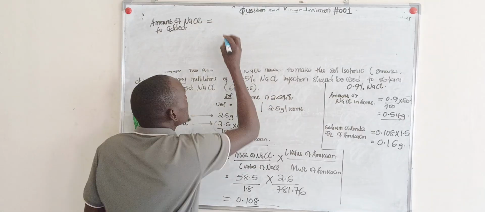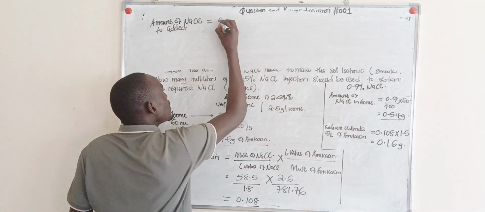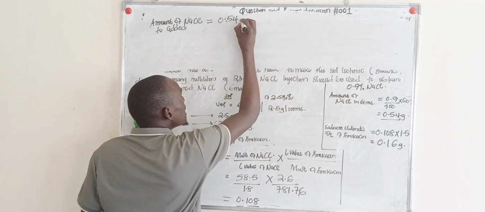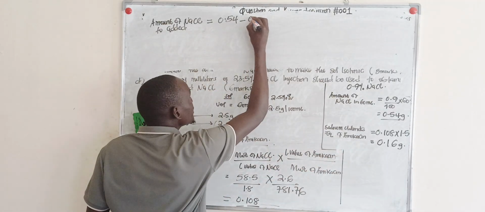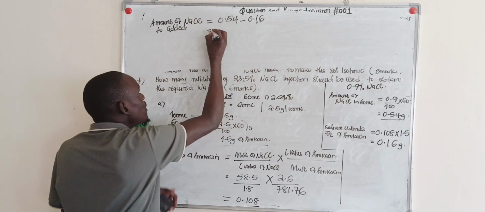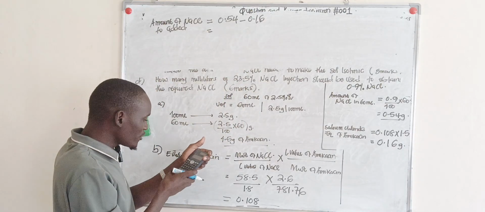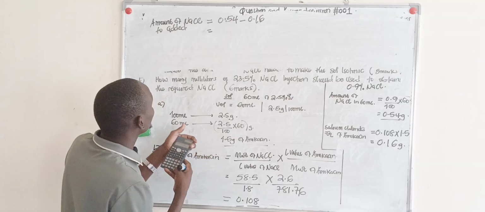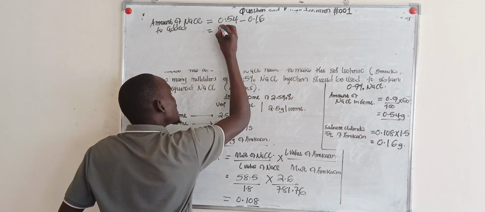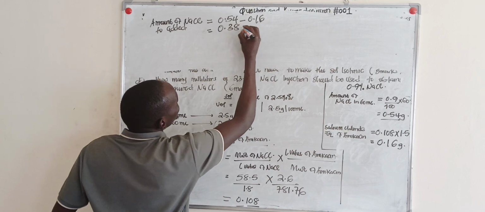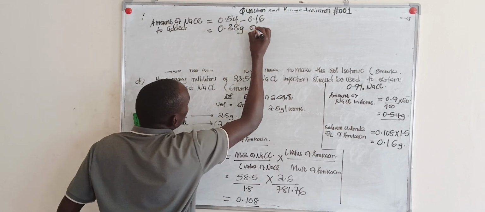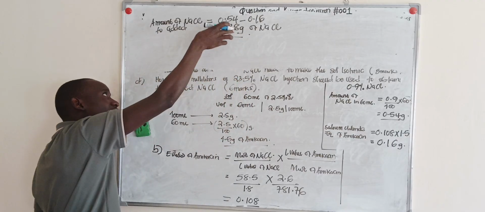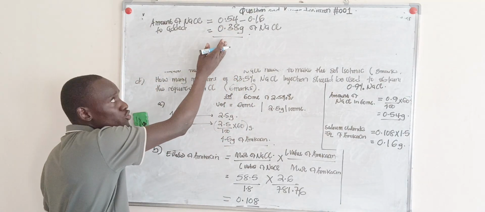That will be the difference between the total amount of sodium chloride required in the 60 mils minus what we already have, which is 0.16. When we subtract this, we shall have 0.54 minus 0.16, and when we compute this, we shall get 0.38 grams of sodium chloride. So this is the amount of sodium chloride that is required to render this solution isotonic.